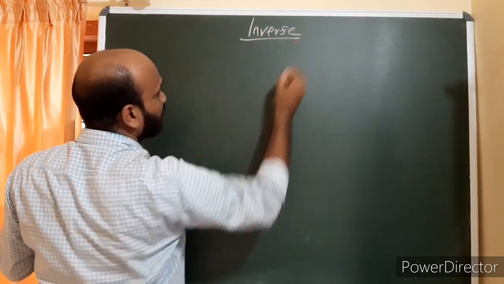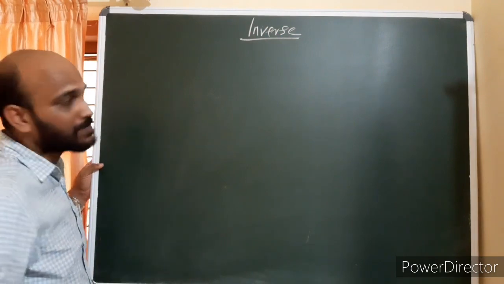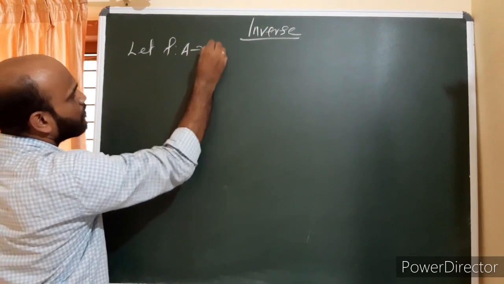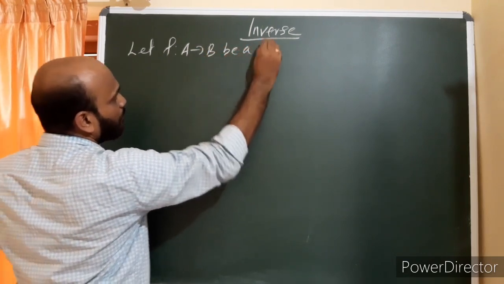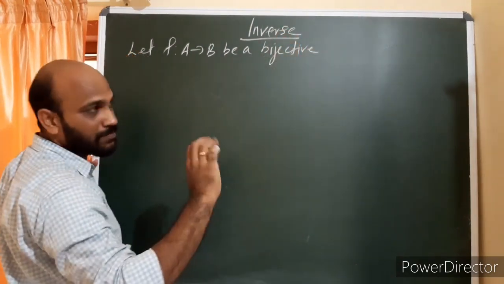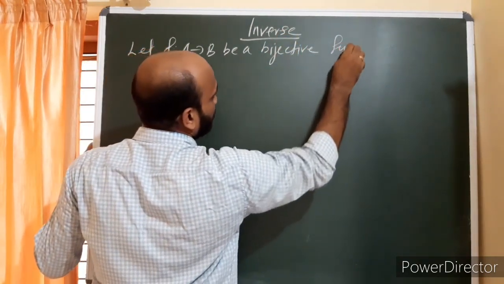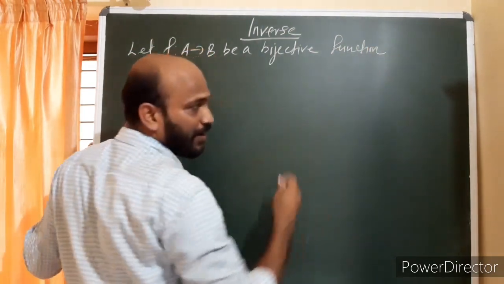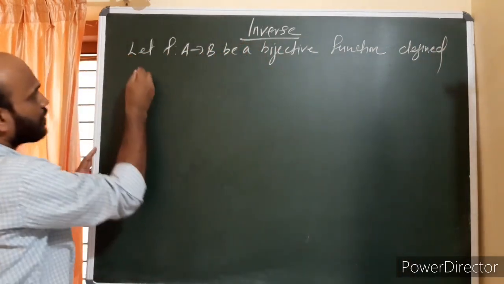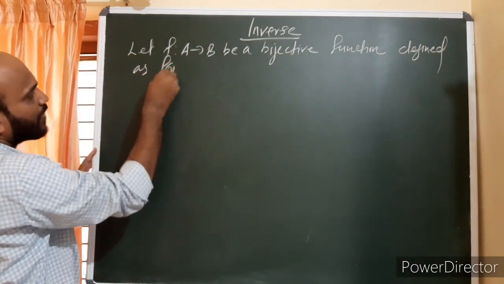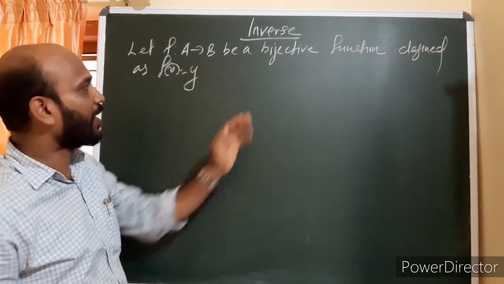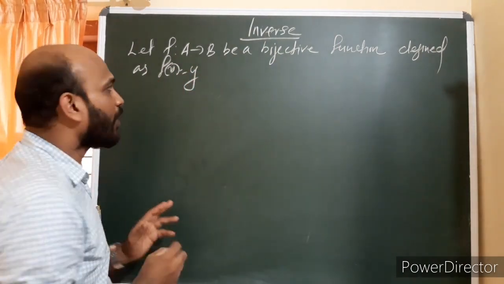of a function. First, I will explain its definition. Let f from A to B be a bijective function. It should be a bijective function defined as f of x equal to y.